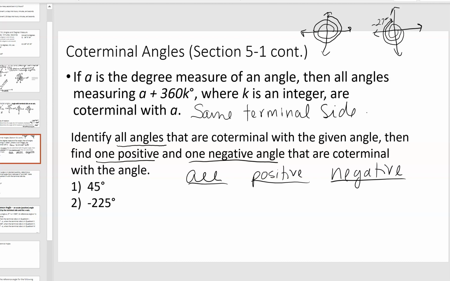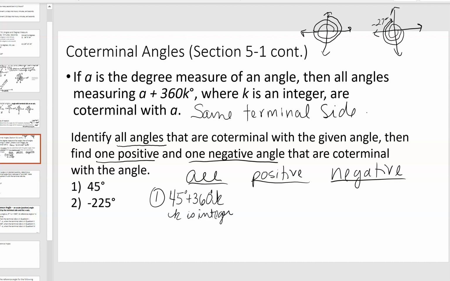So for number one, for 45 degrees, all just means I'm going to take 45 degrees plus 360 times K. And then you're going to say K is an integer. Boom, that's all. You're done with that problem. It is an expression because I have that little variable K in there.